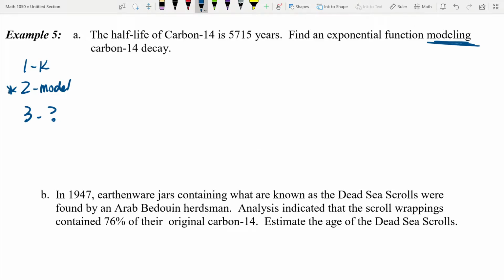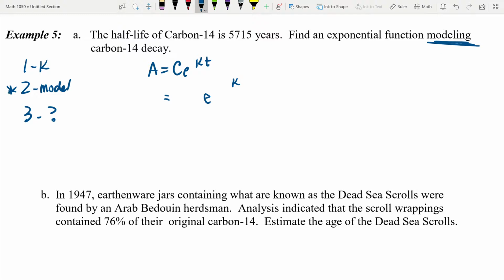They want the model. So we have to do K and then the model. Everybody write A equals CE to the KT. I know I have to find my K, so my K is going to be a K. So now I have 3 numbers that I have to fill in: an A, a C, and a T.